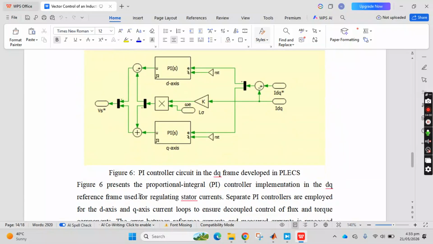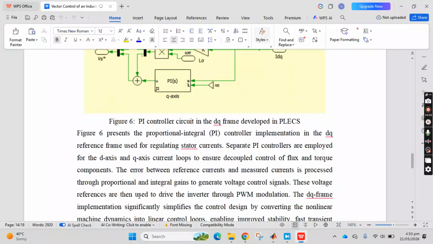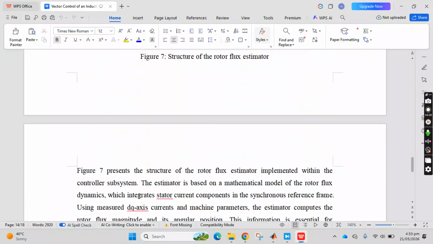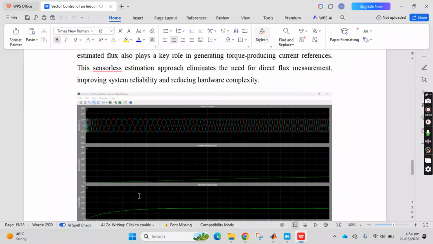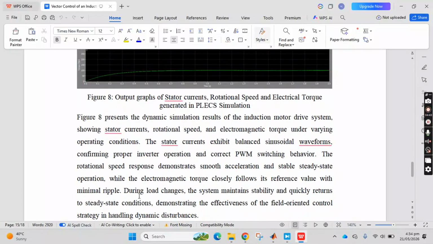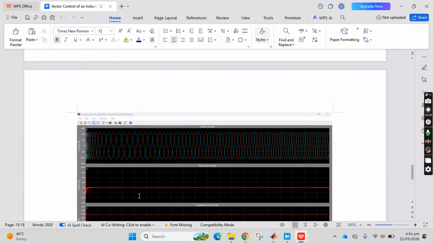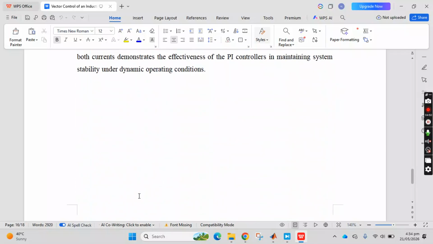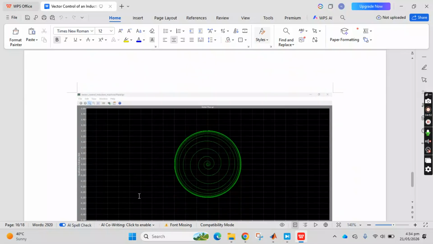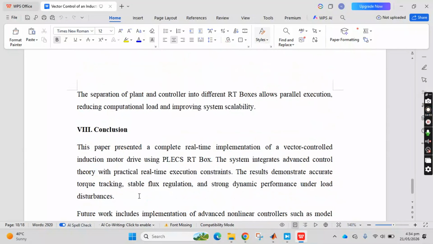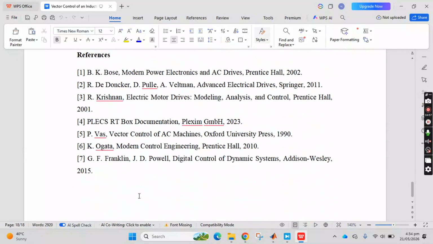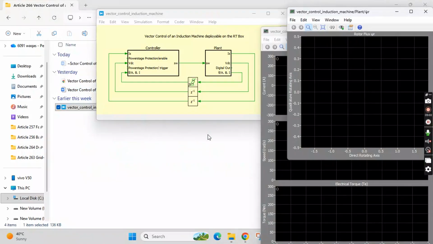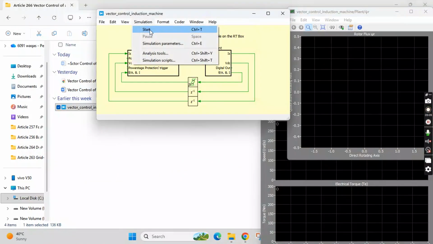And this one is the power and controller circuit for the DQ frame developed in PLECS. The structure of the rotor flux estimator and the output results in terms of stator currents, rotational speed, and electrical torque are added, and then the stator currents, the direct current, and the quadrature current. Then the rotor flux dynamics are added, then discussions and conclusions with the references. So the vector control induction machine is basically this one.